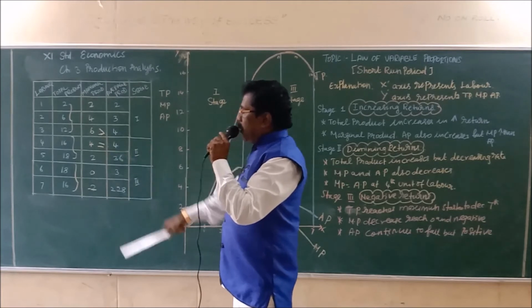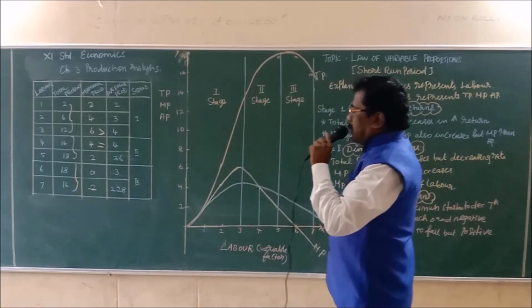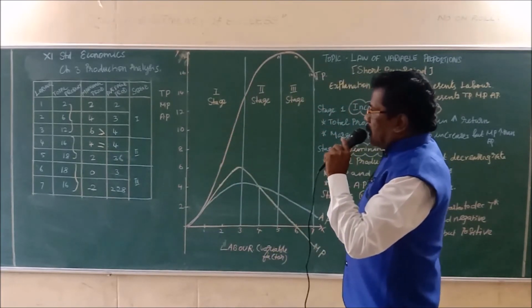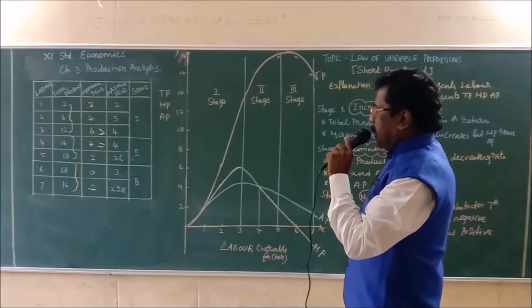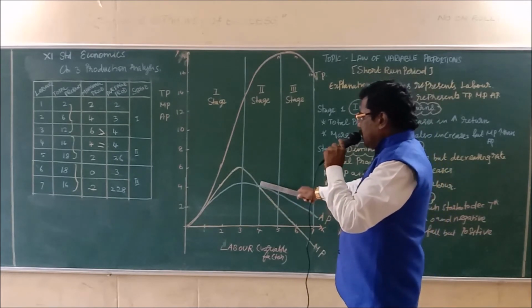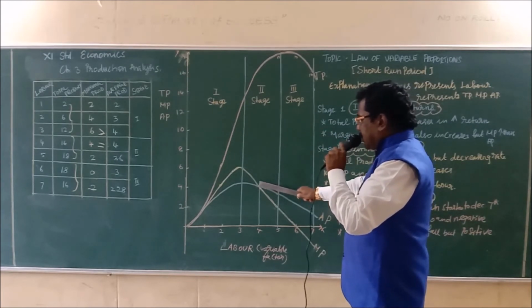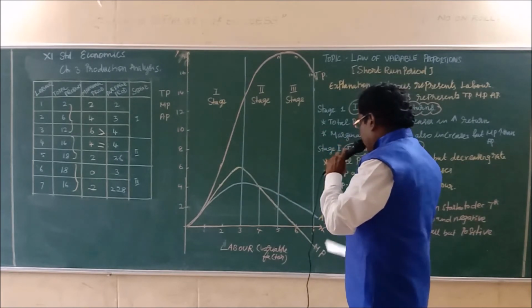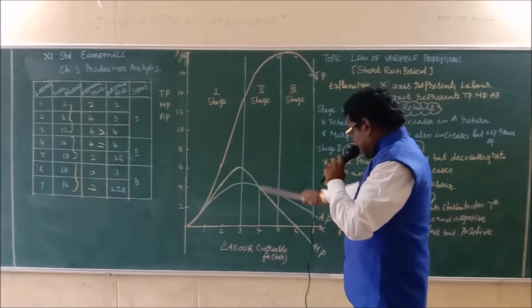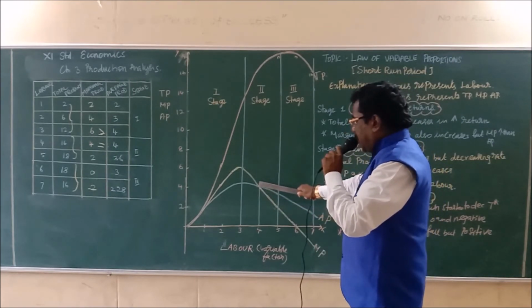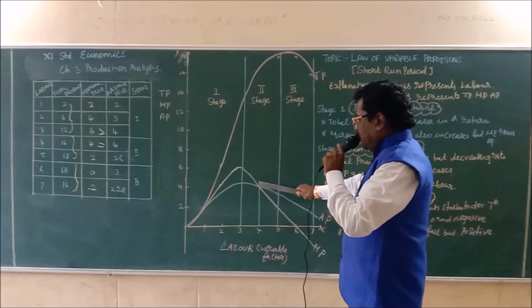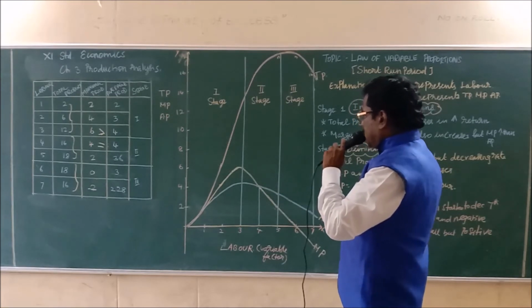So when using 4 units of labor, the average production and the marginal production are one and the same. You should bear in mind while drawing the diagram that the average production curve as well as the marginal production curve intersect at point A, I mean the 4th unit. So be very careful.